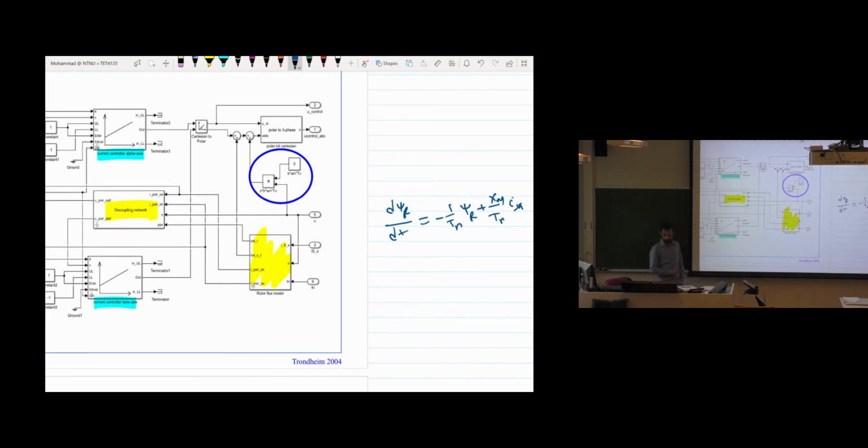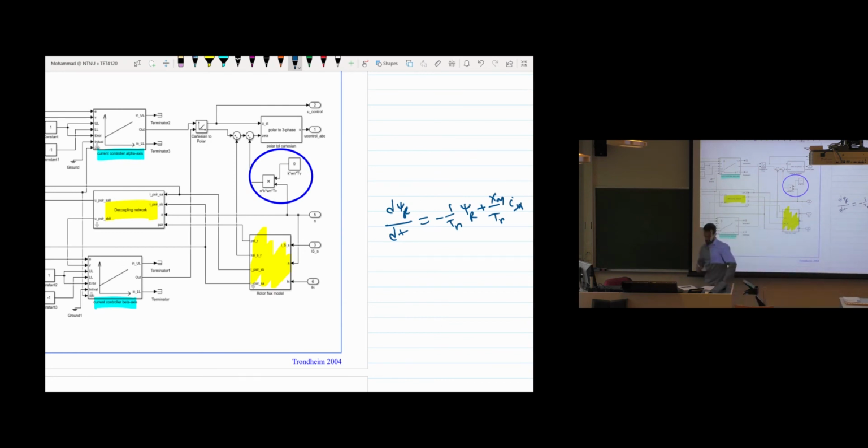If you solve this equation, you have the alpha component of the current, and this Tr depends on Xm and Xr, which we know, so we can get this value. So we can estimate ψr from this equation.